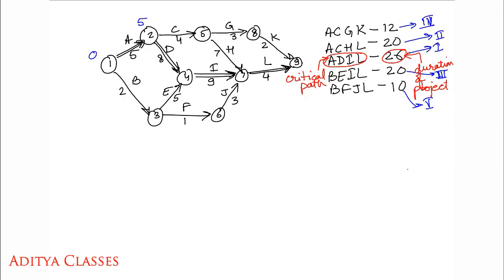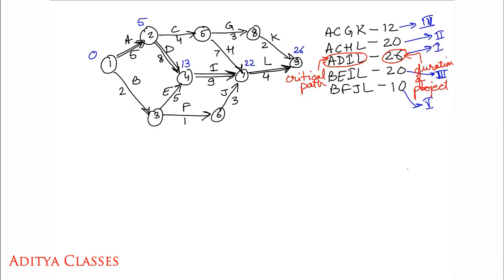So 5 plus 8 would give me 13. Then similarly I travel on I, that is 13 plus 9, which gives me 22. Then finally 22 plus 4 gives me 26. So this is a forward pass.